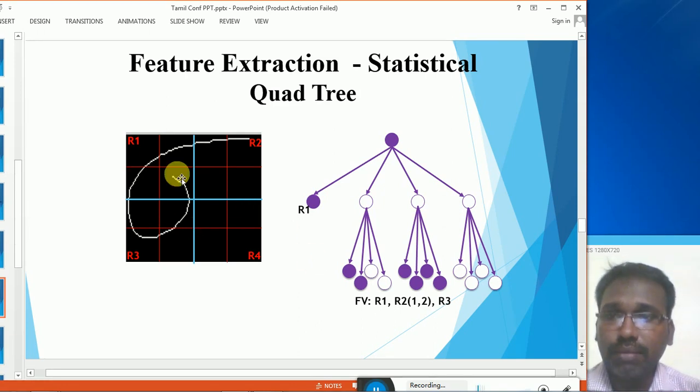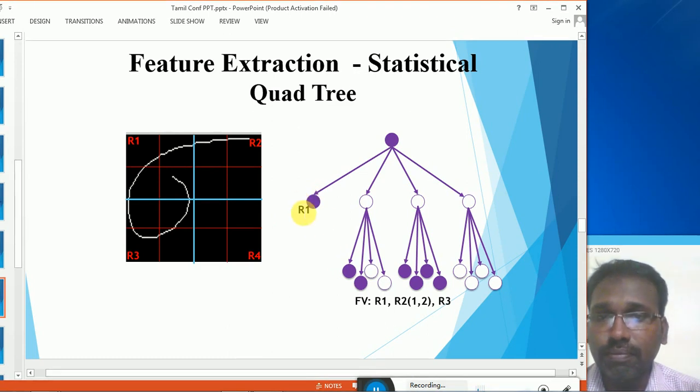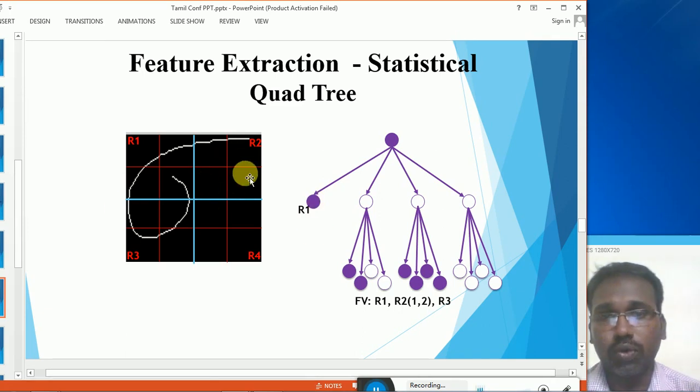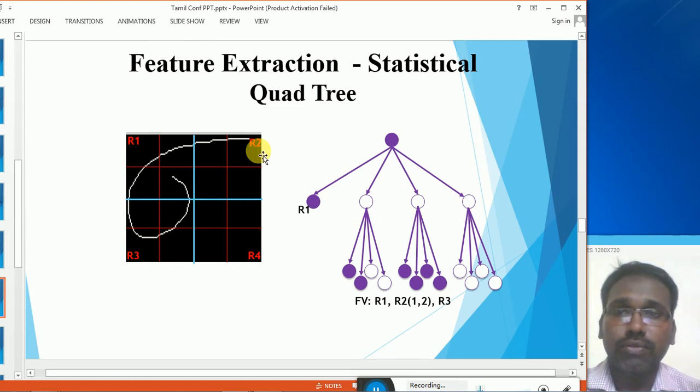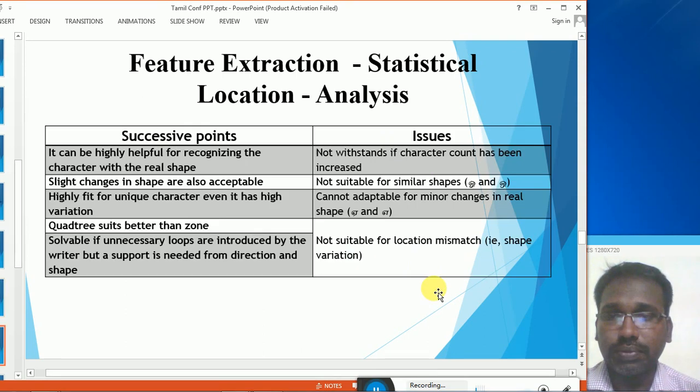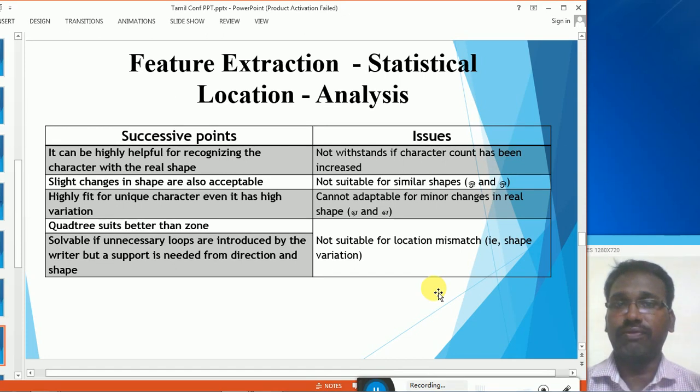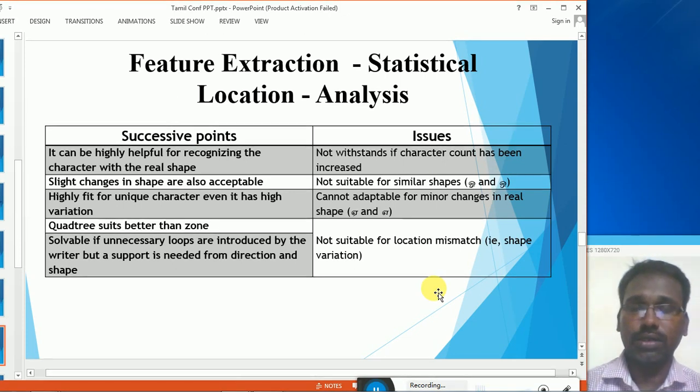The main quad giving high pixel density acts as the main root, that is the main feature for classification. The remaining subquads, whose pixel values are noted in the tree, are also taken for classification.